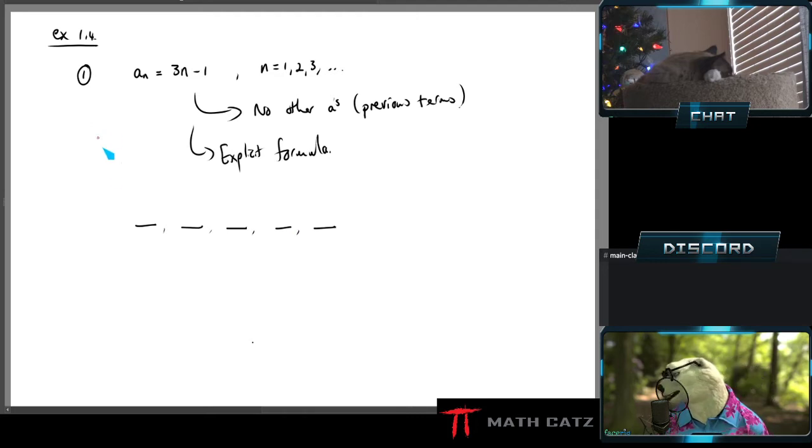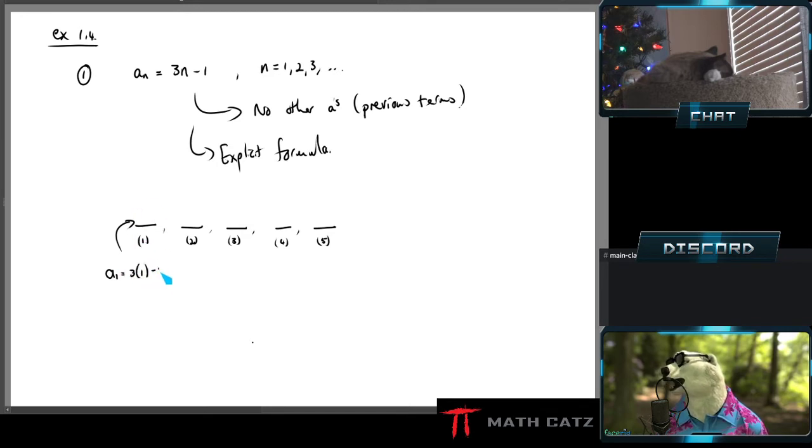All right. So now I need to make the first 5 terms in the sequence. That's what the instructions are in the question. So to find the first one, I would simply plug it in. Its name is A1. That means n is equal to 1 for my immediate purposes here.